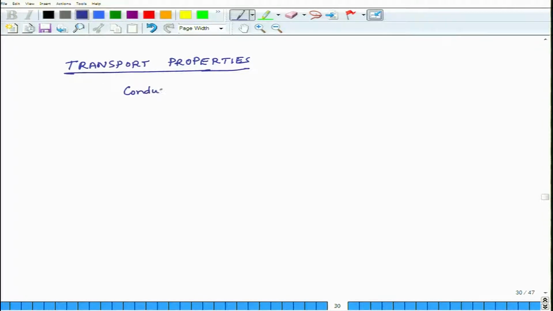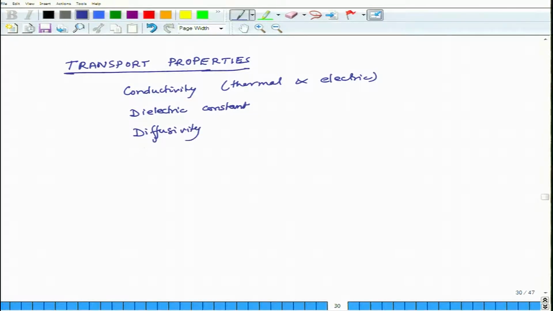Conductivity, both thermal and electric, then we have dielectric constant, then we have diffusivity, and we have permeability. So, I will write the relation. For instance, we consider conductivity.